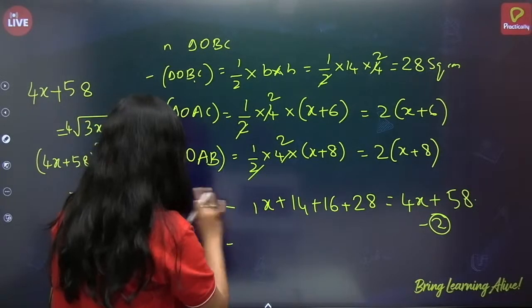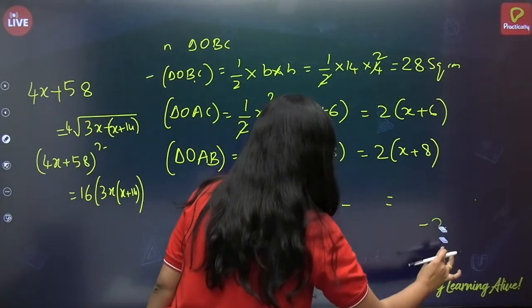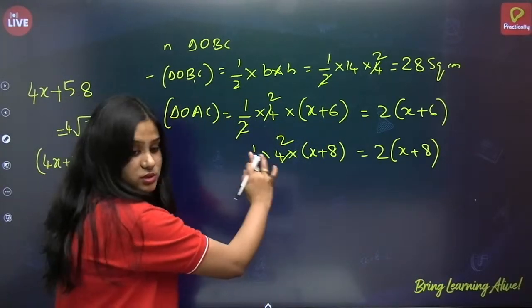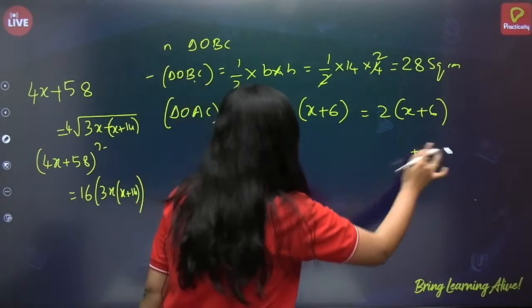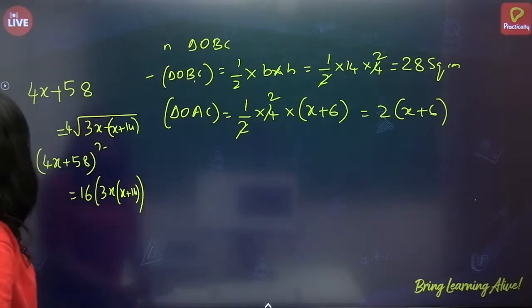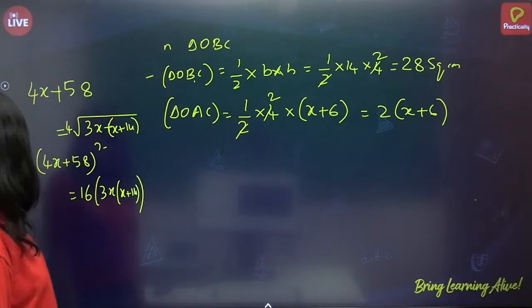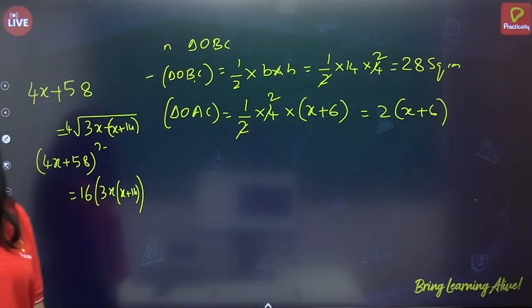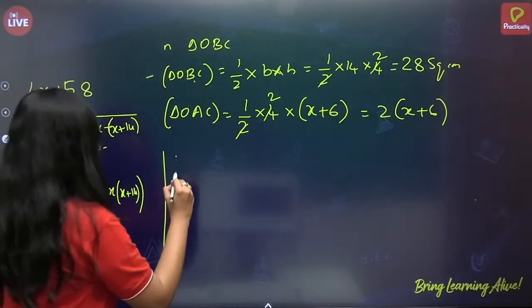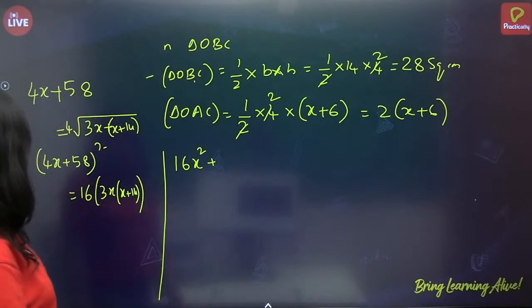Sorry, wait for a second, okay? So let us do 4x plus 56 whole square is equal to 16 of 3x plus x plus 3x of x plus 14. So 16x square plus 56 whole square.